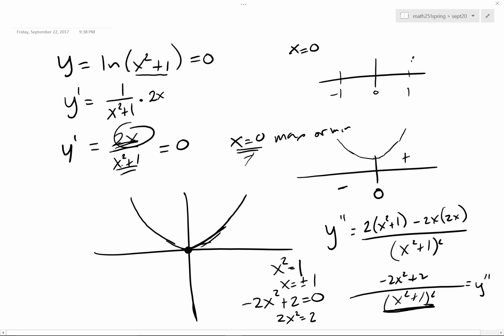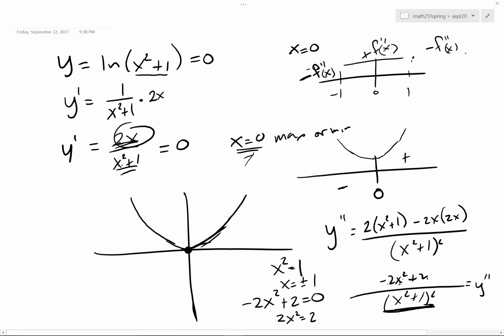For instance, if you put in a number over here, let's say negative 6, negative 6 squared is 36 times 2 is 72, negative 72 plus 2 is negative over a positive. So we have a negative second derivative over here. In between, for instance, put 0 in there, you're going to get 2 over a positive. So we have positive second derivatives in here, the whole region. And then if you put in a number like positive 6, you get negatives out here as well.